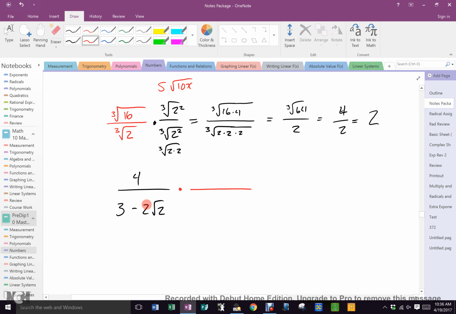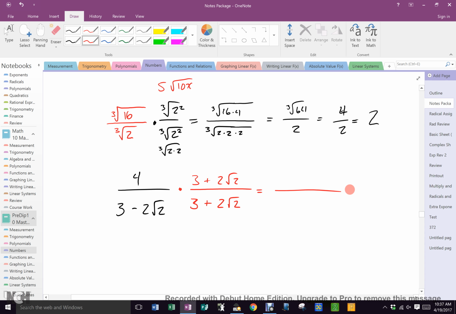Does it have more than one thing in it? So I got to use everything, don't I? Now I got to do the conjugate. So it's 3 what? Plus 2 root 2. And 3 plus 2 root 2 up top.